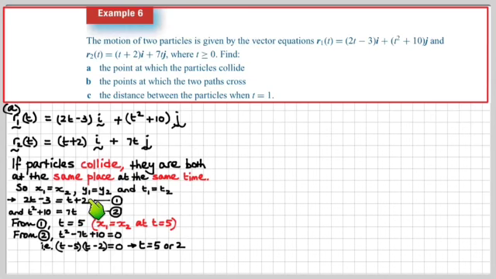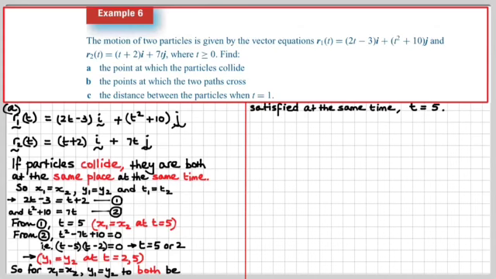But at 5 seconds, the x coordinates are also equal. They're at the same x position at 5 seconds. So we want x1 equals x2 and y1 equals y2 to both be happening at the same time, which means t equals 5 is the only possibility.